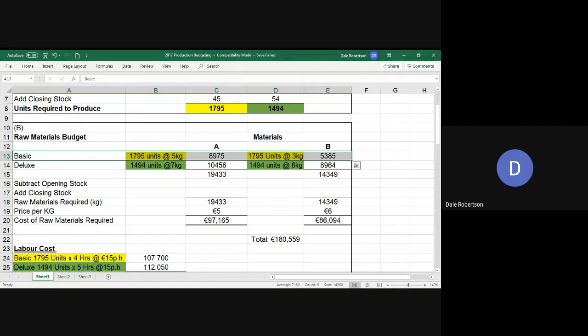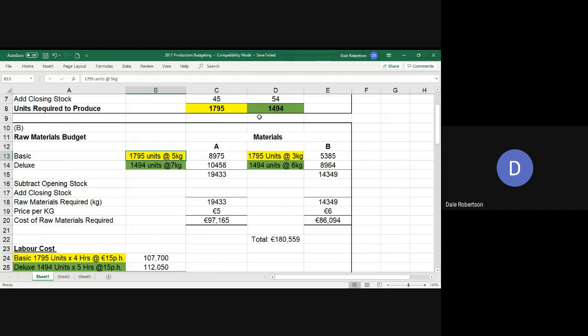So therefore, if we want to make 1795 basics, we take 1795 and we multiply it by 5 kilos, and we multiply 1795 by 3 kilos of material B. And those are the totals of material A and B for basic products.